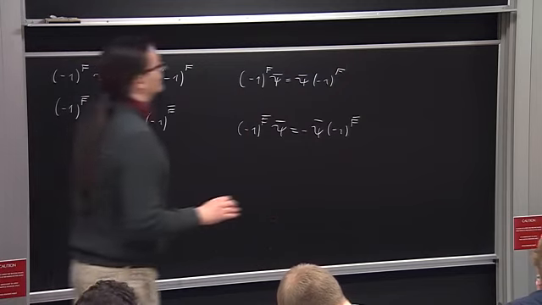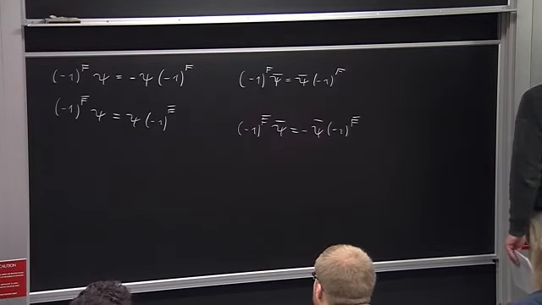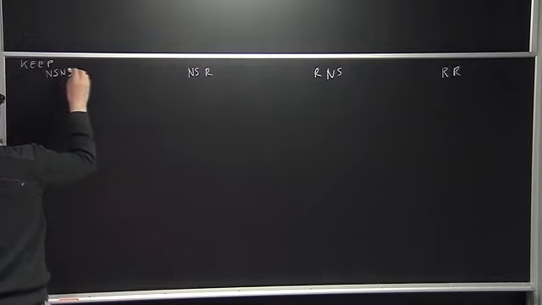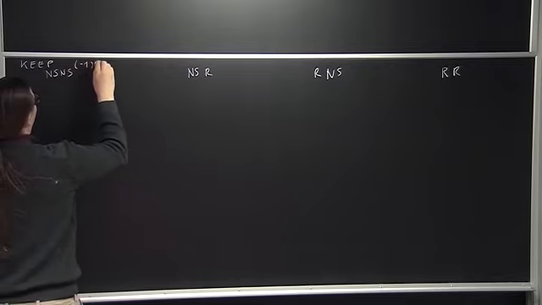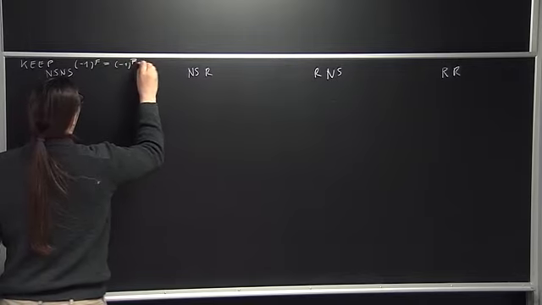So the statement is that we're going to keep only the states for which (-1)^F and (-1)^F-bar are 1.